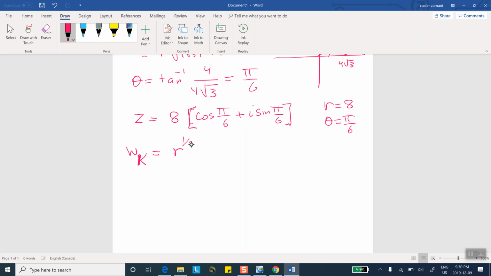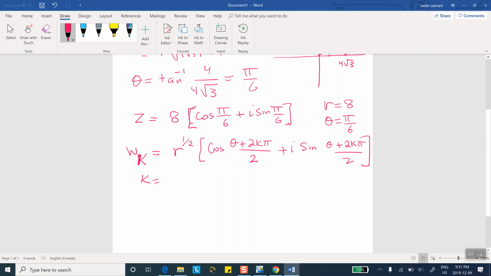And in my case, I'm doing square root, so it's going to be R to the 1/2, cosine of theta plus 2k pi over 2, because I'm taking square root, plus I sine of theta plus 2k pi over 2, where k is 0 and k is 1.